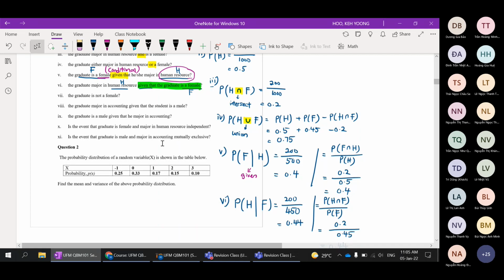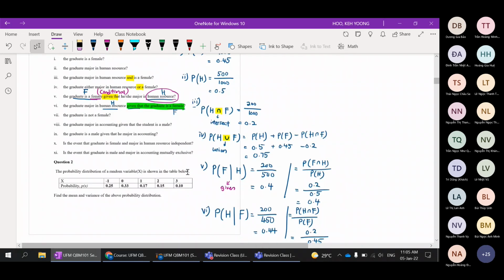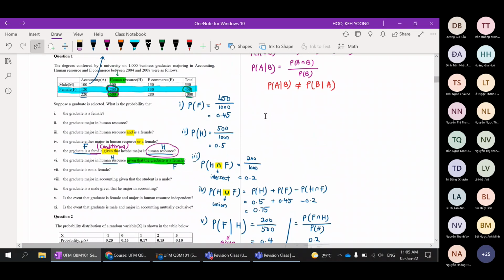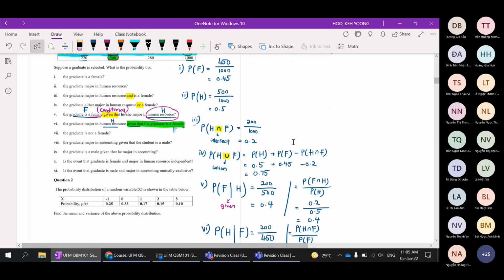The given event is not the same. Well, my handwriting is getting bigger.